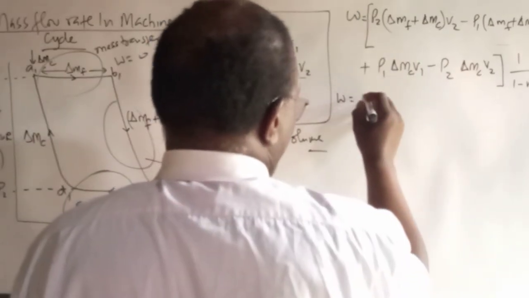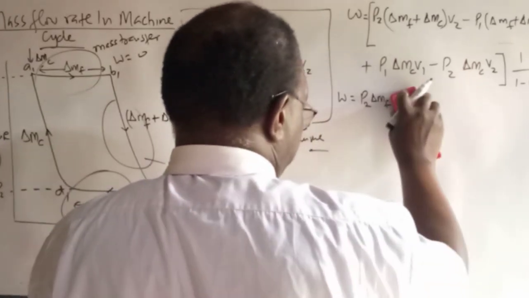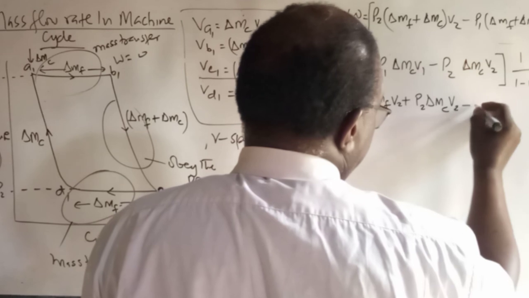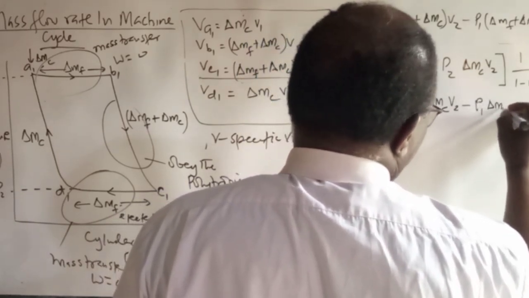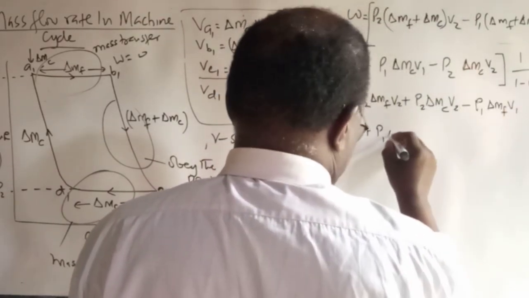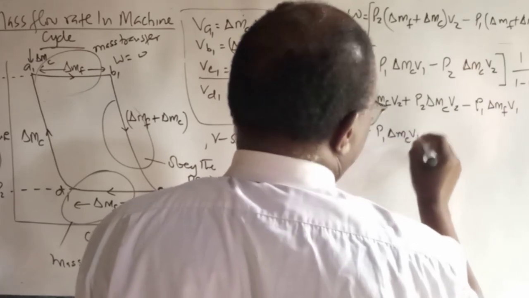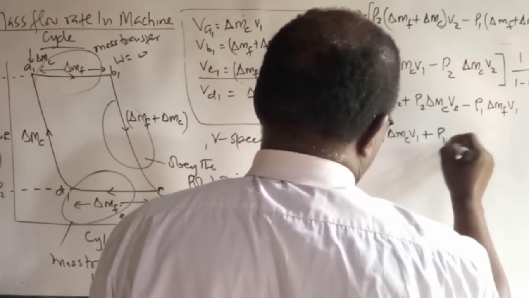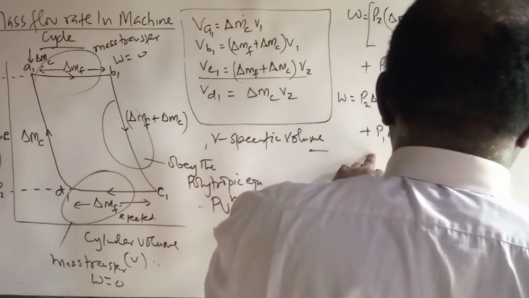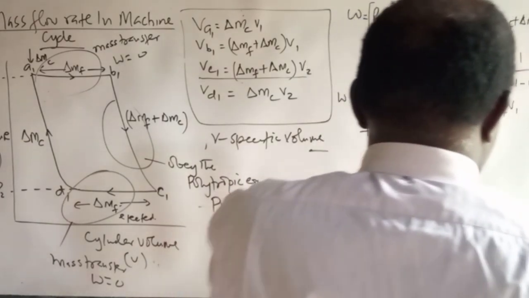So if you open up our bracket, then we have P2 delta MF V2 plus P2 delta MC V2 minus P1 delta MF V1 plus P1 delta MC V1 plus P1 delta MC V1 minus P1 delta MC V1.